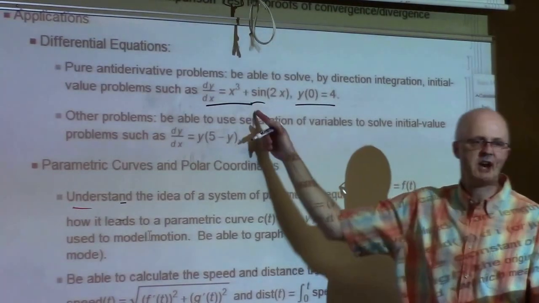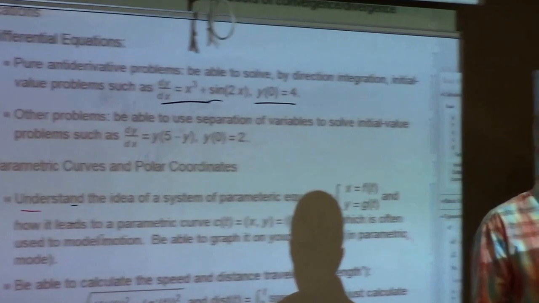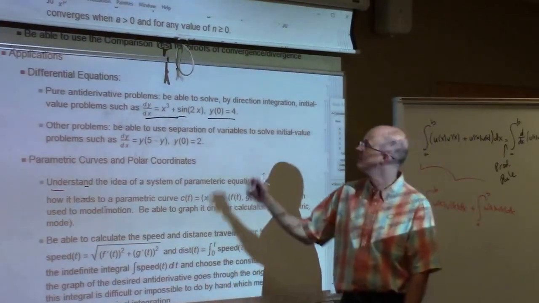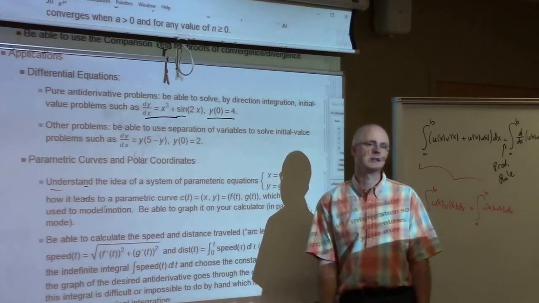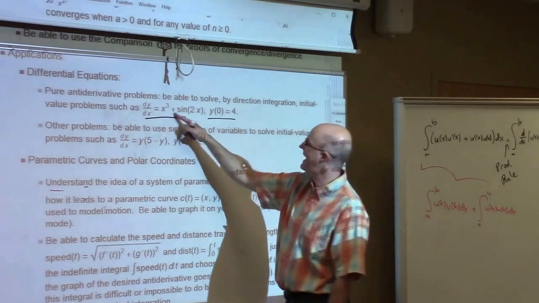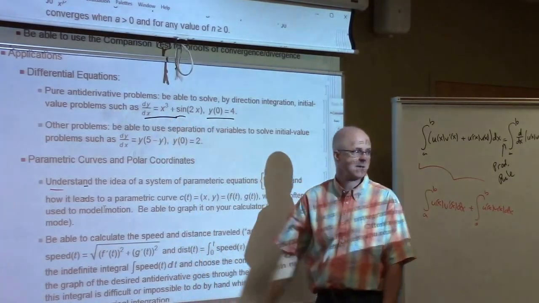Differential equations have general solutions. Essentially, in the first case, you have pure antiderivatives that represent infinitely many possible answers. But when you add an initial condition, you get one unique answer. And if the right-hand side is just dependent on x here, this is the same as an antiderivative.